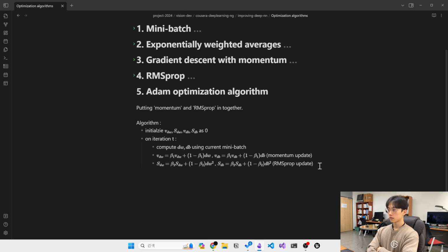And then similarly, you implement this bias correction on S as well.